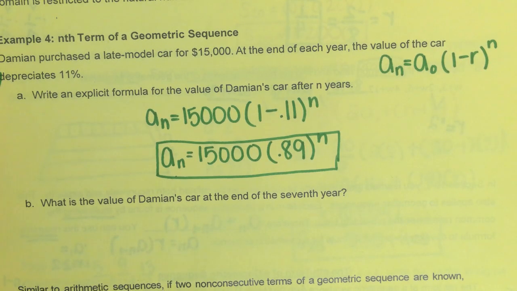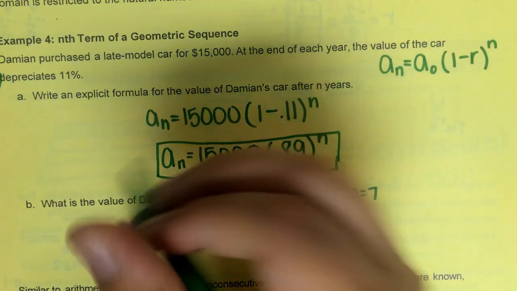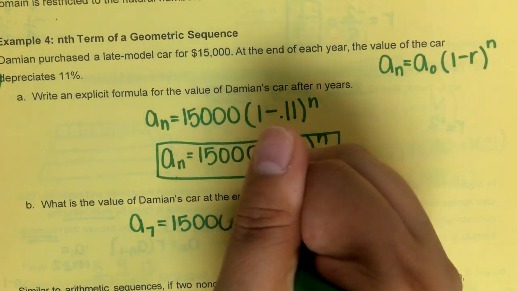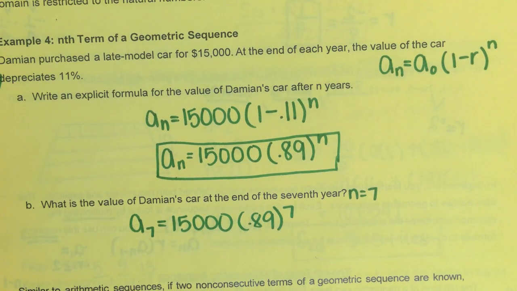So what's going to be the value of Damien's car at the end of the 7th year? What do I do? Change n to 7. So A of 7 equals 15,000 times 0.89 to the 7th.